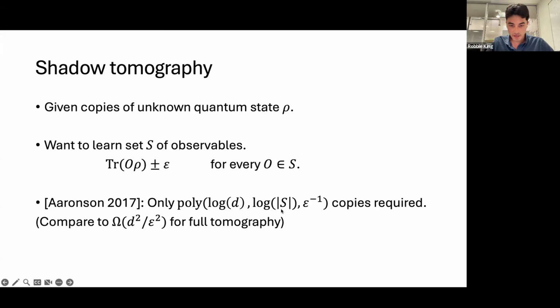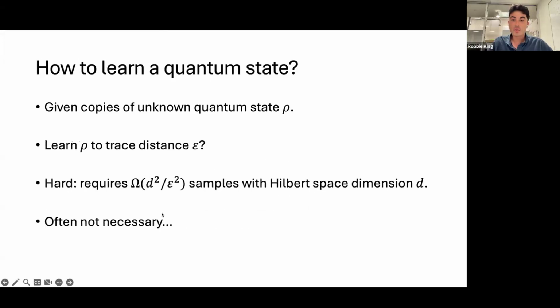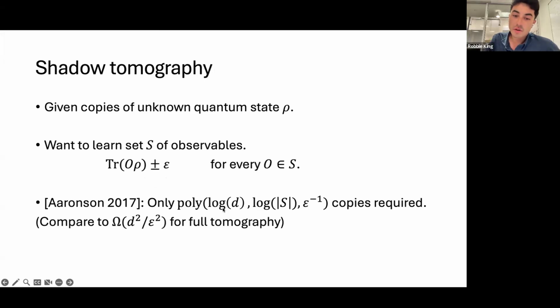So let's pause on this for a second. We saw before that to learn the state in trace distance, we need d squared. So this is an exponential improvement in the dimension of Hilbert space, and it's also logarithmic in the number of observables, because of course you could measure one observable at a time, and this would give you a protocol which was linear in the size of S, but in fact this is logarithmic in the size of S. So this is a very surprising statement.